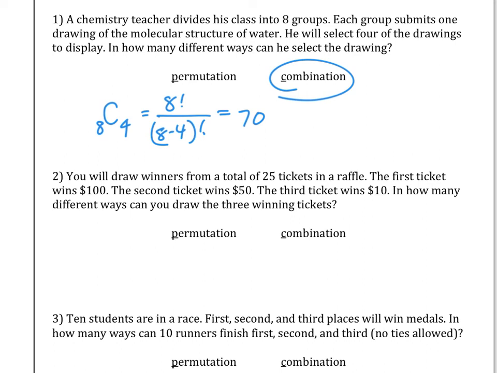And so the order will matter for this one. So this is a permutation question. So let's go ahead and set this up. There is a total of 25 raffle tickets, and you are selecting 3 tickets. And because the order matters, you put a P. Okay, and after some calculation, the answer is 13800.